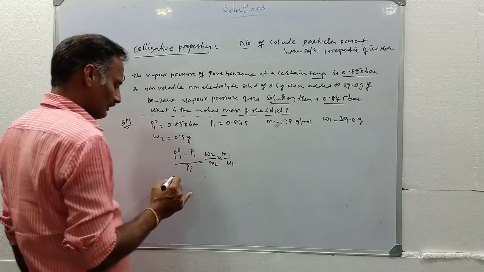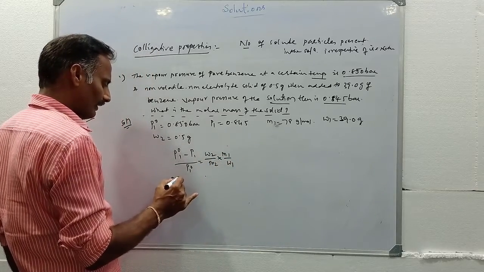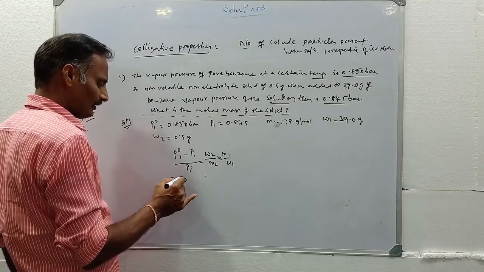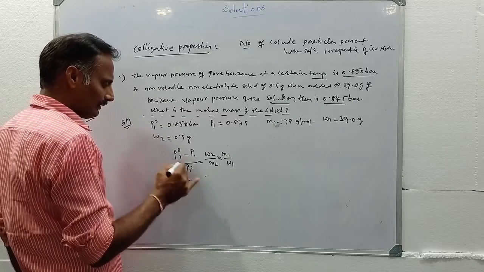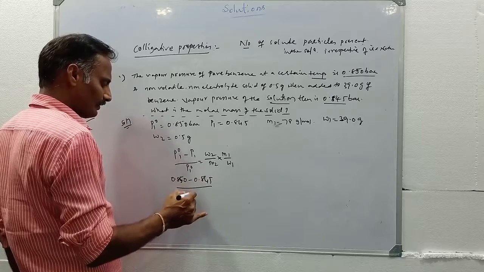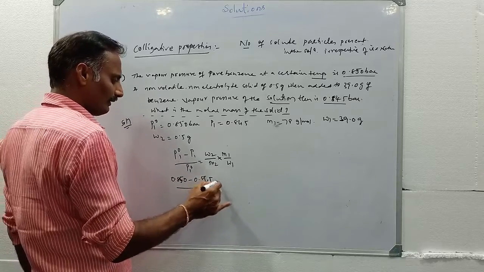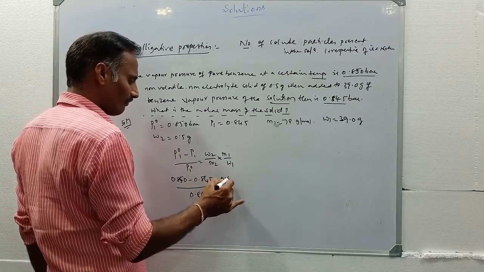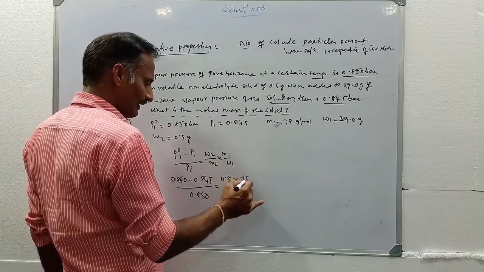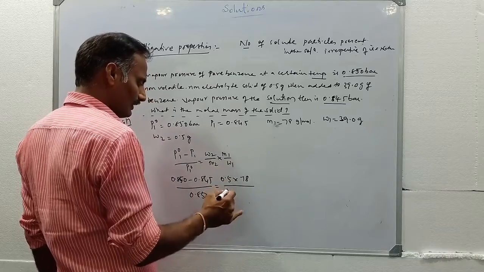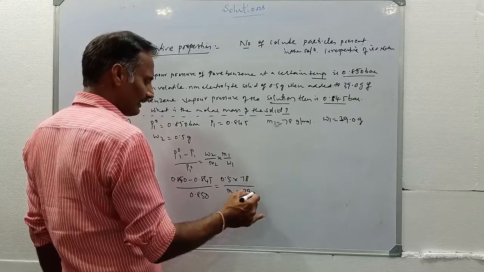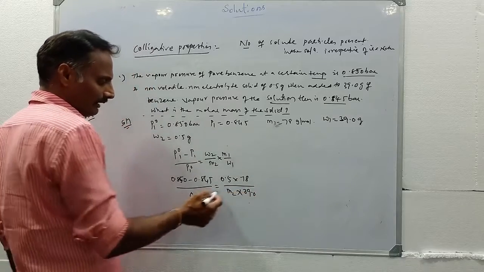Substitute the values: P1 naught is 0.850 minus 0.845, divided by 0.850, equals 0.5 into the molecular mass of benzene, 78, divided by M2, which is unknown and we must find, and W1 is 39 gram of benzene taken.